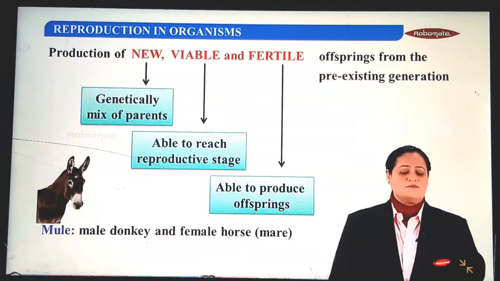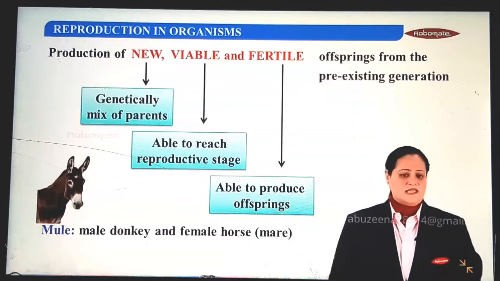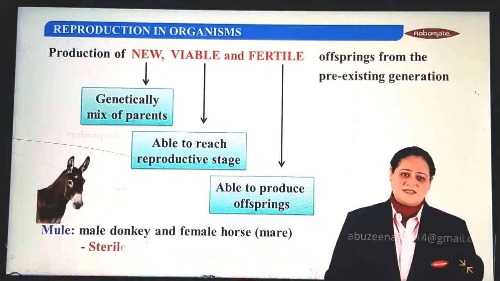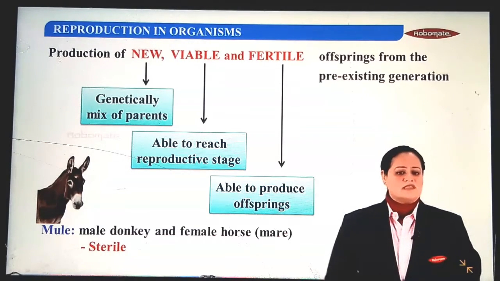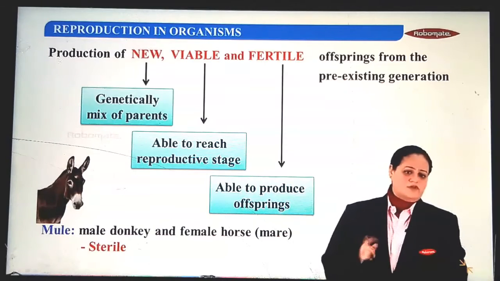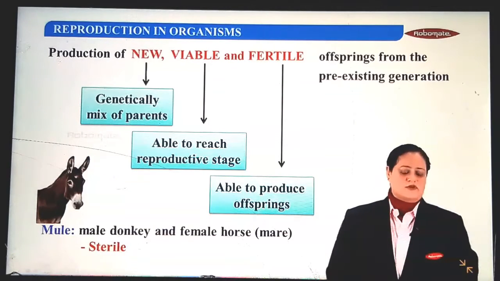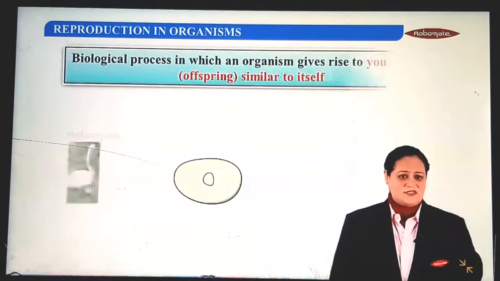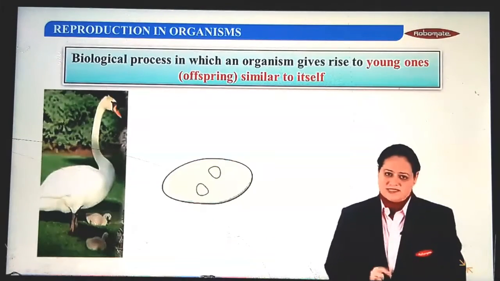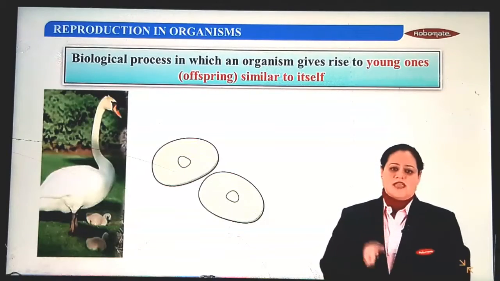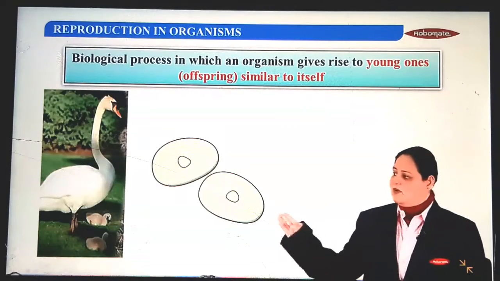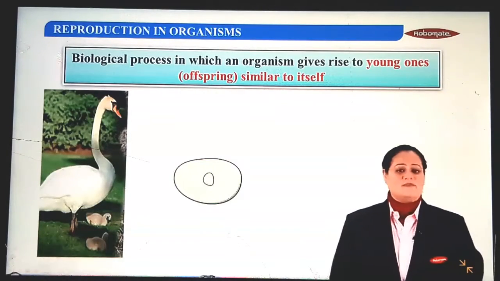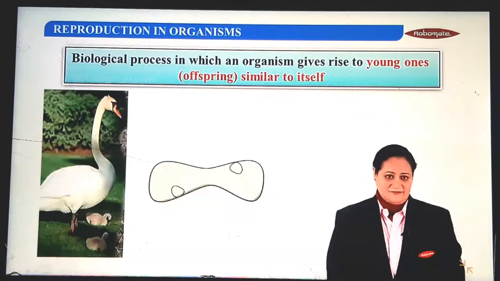No offsprings means it is not fertile, but rather it is sterile. So kids, do you feel that mule fits into the definition of reproduction? No. So reproduction is a biological process in which an organism gives rise to the young ones or the offsprings which are very much similar to itself.